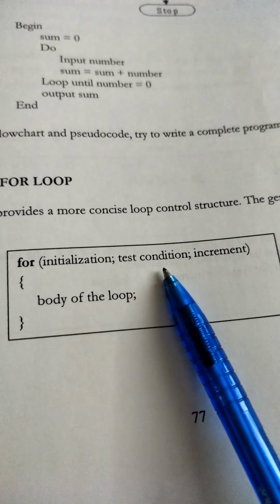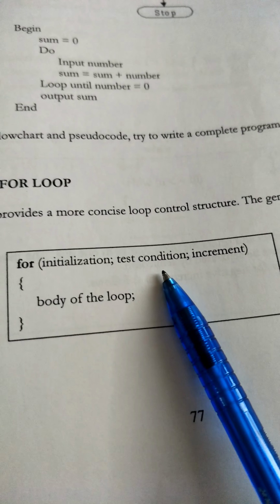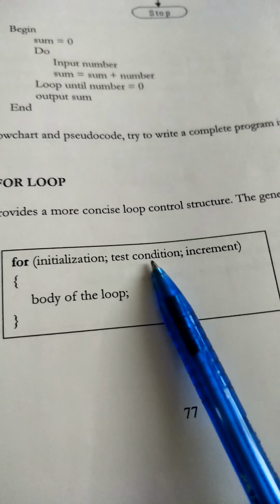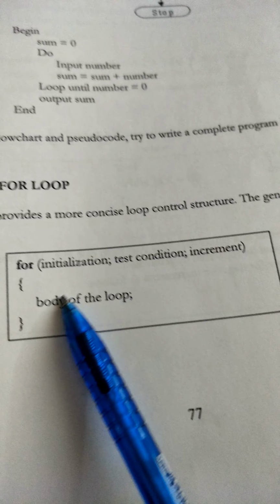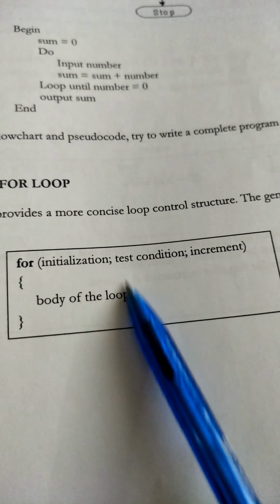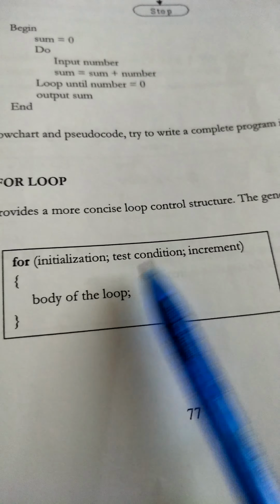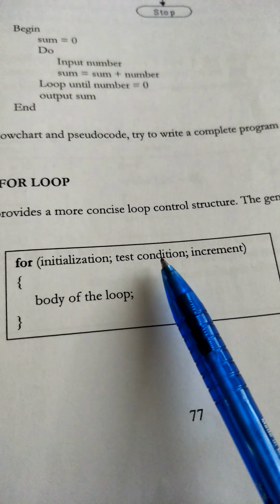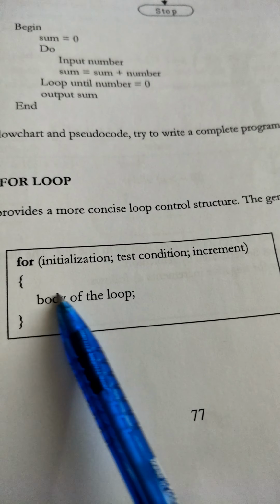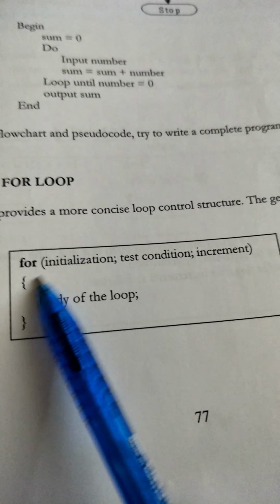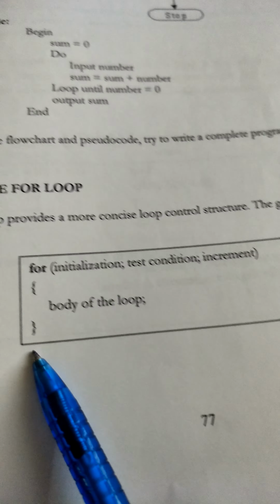If the test condition is satisfied, then the body of the loop will be executed. If not, if this test condition has failed, then the C program will go out of that loop.